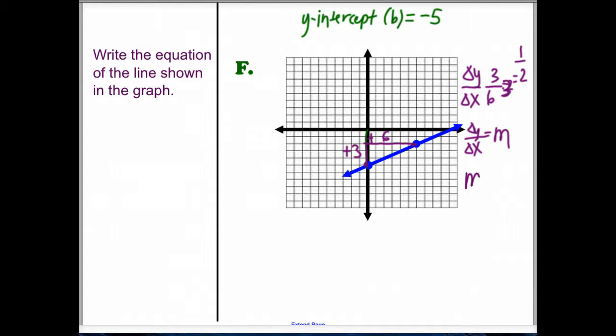So we know that m equals 1/2. Now we can create a new equation as y equals mx plus b, and we plug in what we know. We know what b equals and we know what m equals. So we have y equals 1/2 x minus 5.